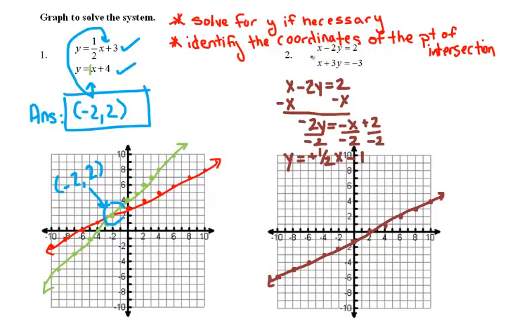I'm going to change colors just to indicate that I'm now solving a different equation. And I'm going to solve this second equation again for y. I'm going to do that by subtracting x from both sides and dividing by 3.